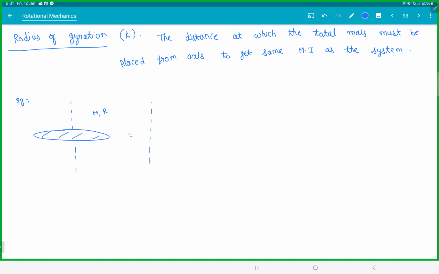This says, if you assume all this mass is at a distance k, then the moment of inertia mr square by 2 is equal to mk square. So k will be r by root 2. So this is the radius of gyration of the disk.